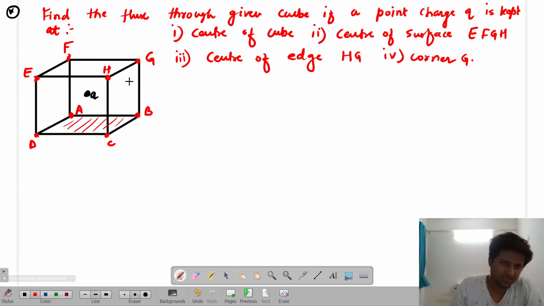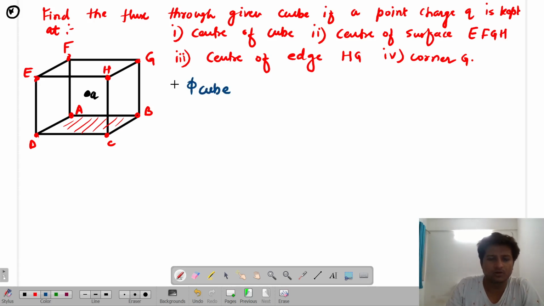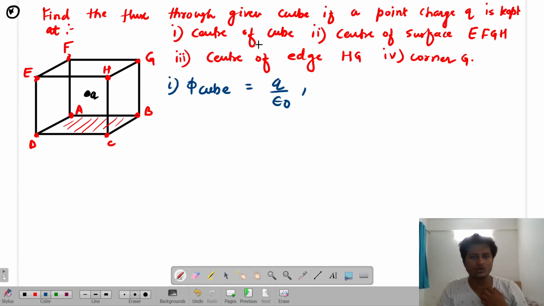It will pass through this surface and all the others, in a symmetrical way. So we can consider the whole cube as a Gaussian surface. So the flux through the cube will be q by epsilon naught. I'm asking through the cube.